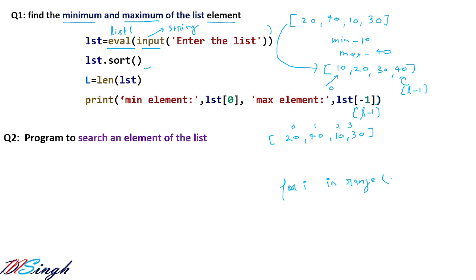If we do not supply any start value to the range function, it will take 0 as start. And what is the stop? The stop is the length of the list. As our index goes one less than the stop value, if the list is stored inside the lst variable, we will write len of lst.